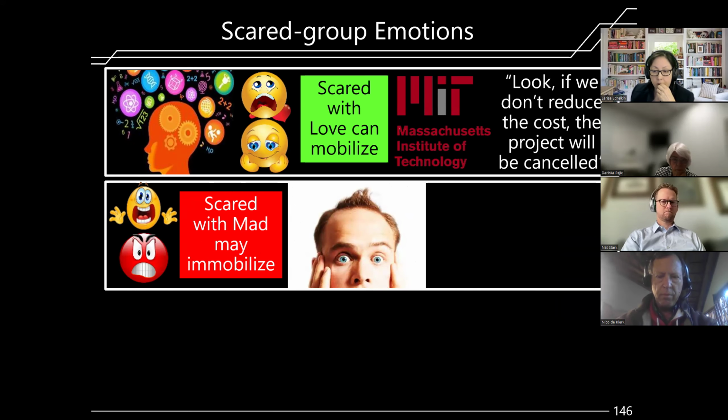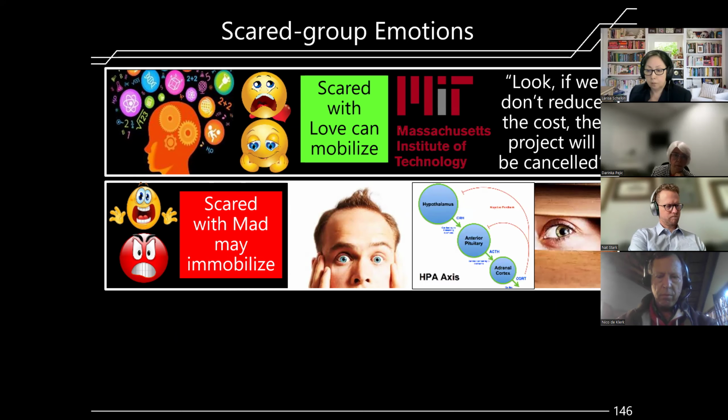Scared with mad may immobilize people. There's a whole thing here called the HPA axis, which is a whole bunch of internal hormonal triggers involving the hypothalamus, anterior pituitary, and adrenal cortex that changes everything when we're scared and angry.